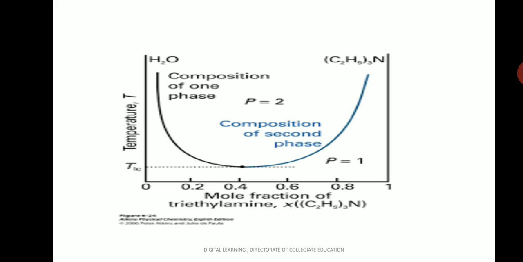Below the critical solution temperature, water and triethylamine completely merge with each other, and we have only one phase existing. You can see that in the figure. The bottom of the curve has a point shown as LCST, and below this LCST we have only one phase existing.